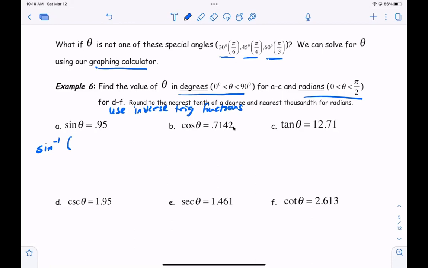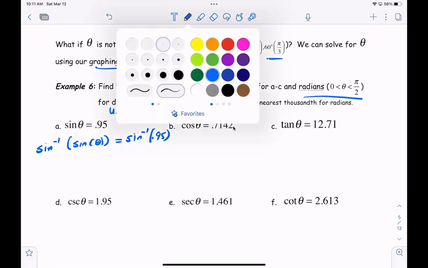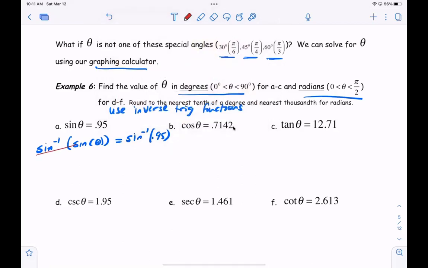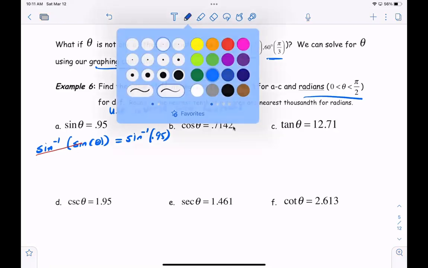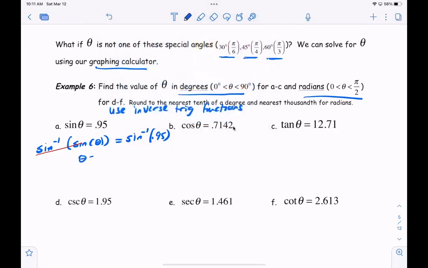So I'll have sine inverse of sine theta on the left side is equal to sine inverse of 0.95. Now on the left side, sine inverse of sine, those undo each other. And so we're left with theta is equal to sine inverse of 0.95.